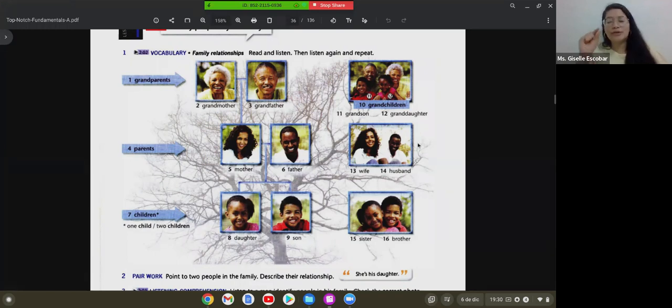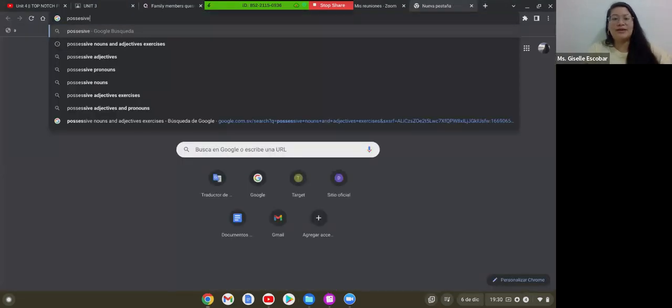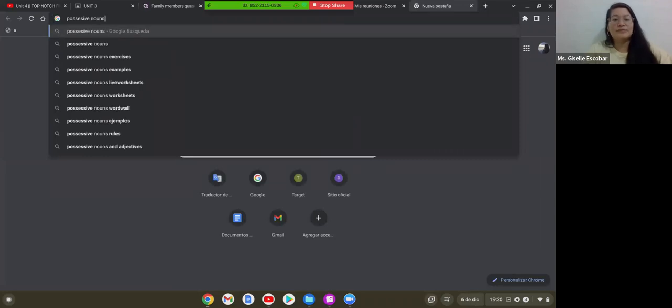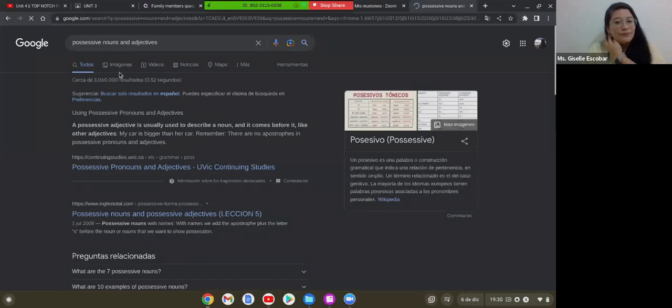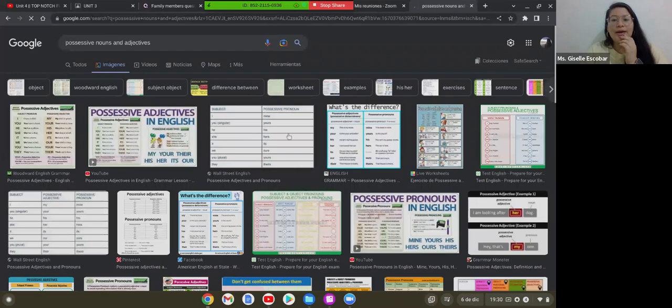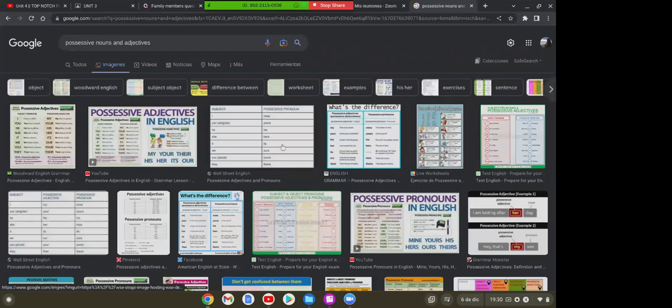It can be a little confusing. Puede ser un poquito confusa. Pero solo hay que tener cuidado con los possessive adjectives. Let me show you. Los possessive nouns and adjectives. Okay, here we go. Do you see my screen? Yes, teacher.